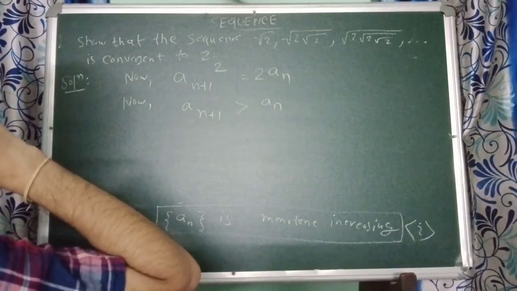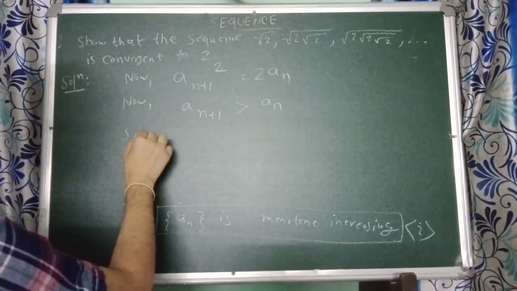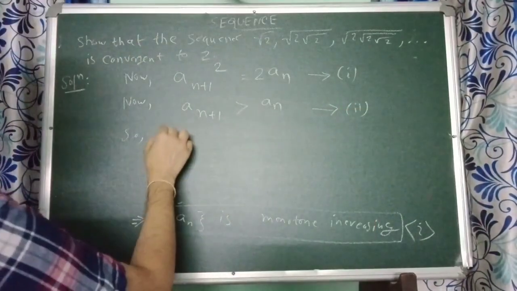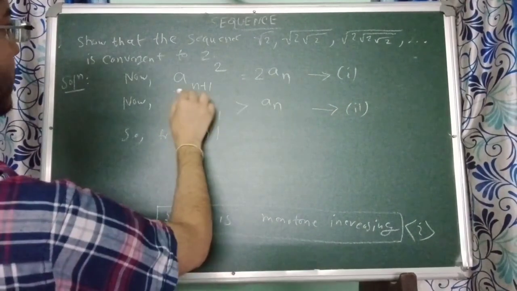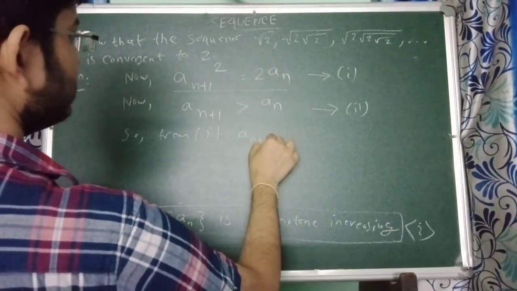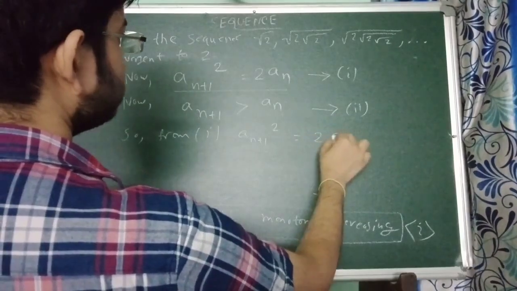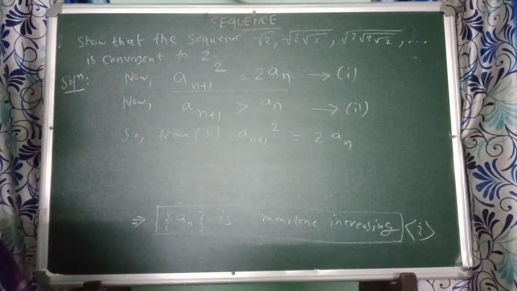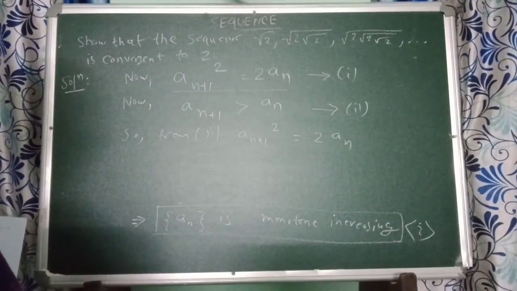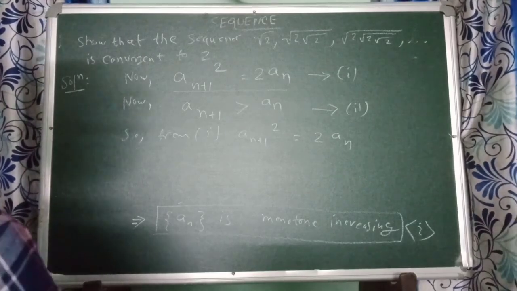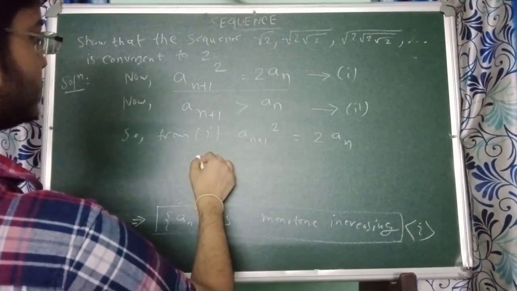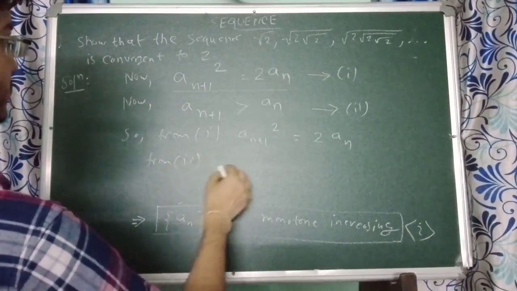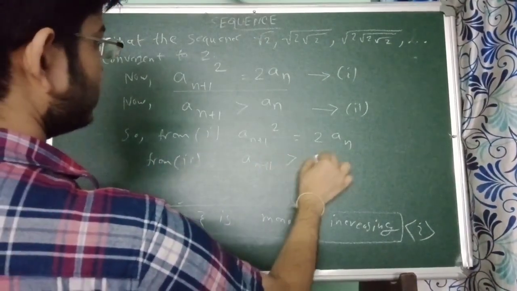Combining 1 and 2, from 1 we already get this expression, a_{n+1} squared equals 2 into a_n. And from 2 we have a_{n+1} is greater than a_n.